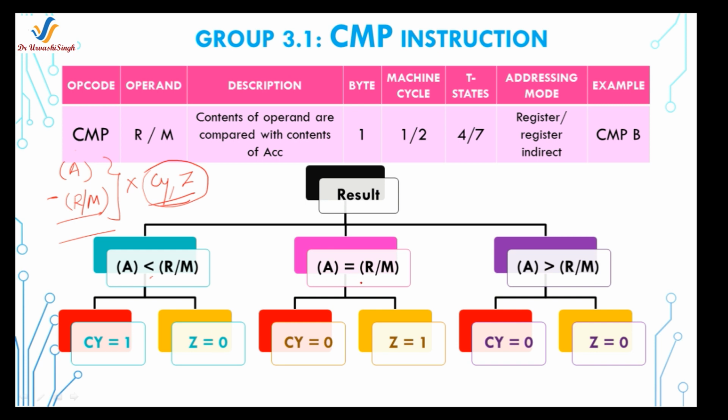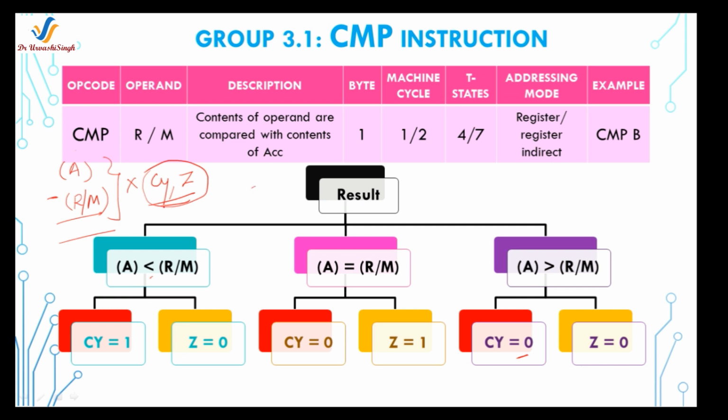If the two numbers are same, then carry flag will be 0 and zero flag will be 1, because result will be 0 on subtracting the two equal numbers. And if the contents of operand is smaller than accumulator, in this case there is no need of borrow. It means carry flag will be 0 and zero flag will be 0. So in this way you can find out the result.